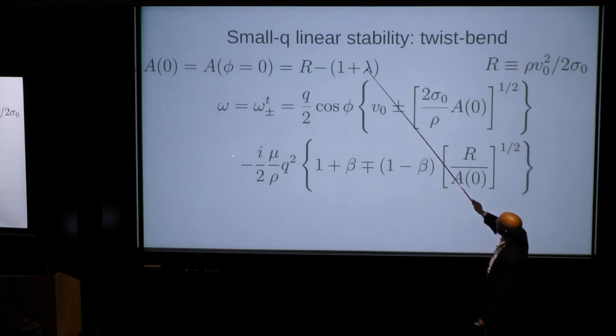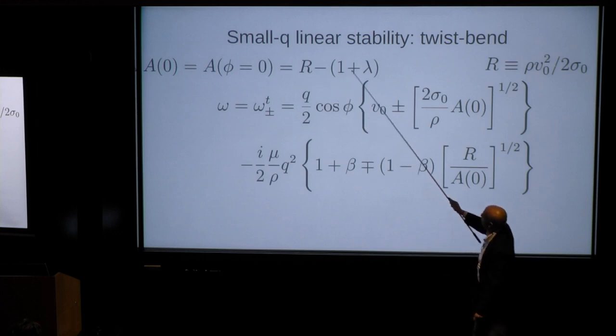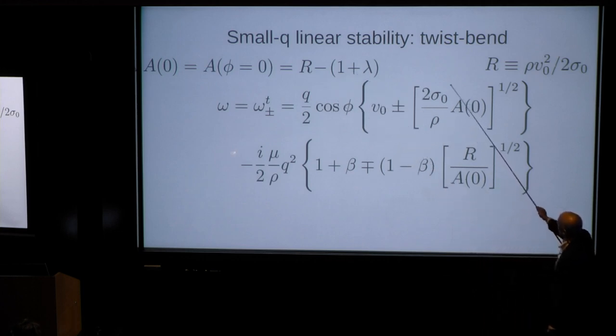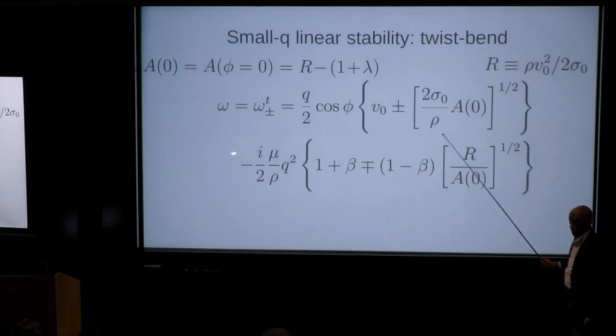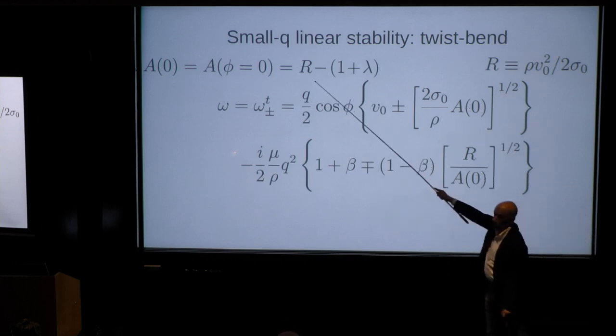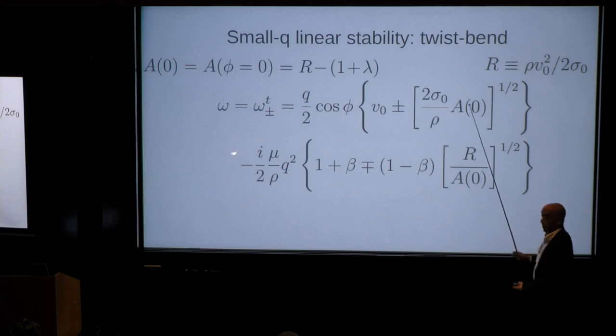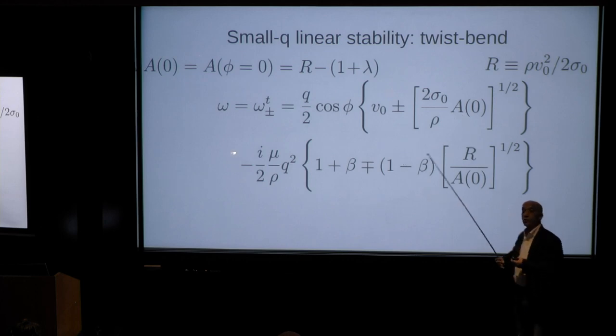1 plus lambda is a flow alignment parameter. Basically, there's a value of r of order unity where this quantity inside the square bracket, inside the square root, changes sign. So if r is too small, for example, supposing it is a totally apolar system, then this would be negative, and you would have an extremely rapidly growing instability at small wave number.